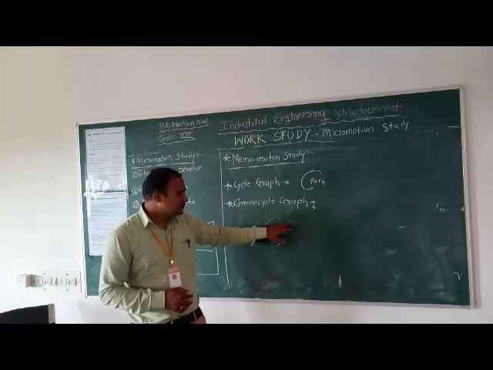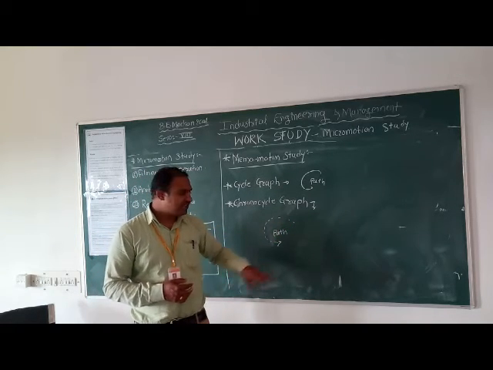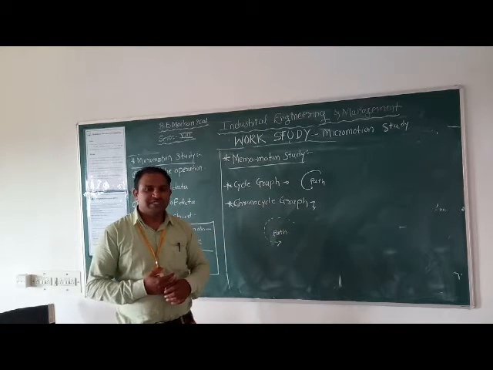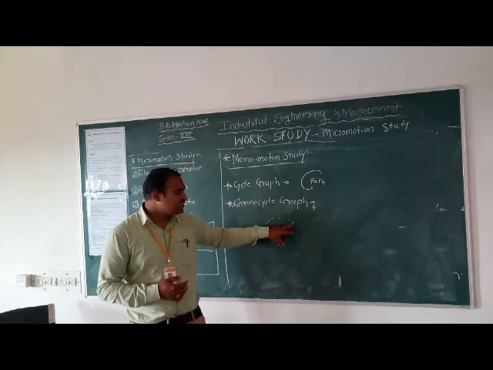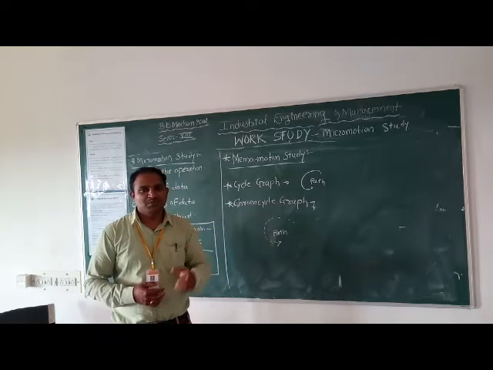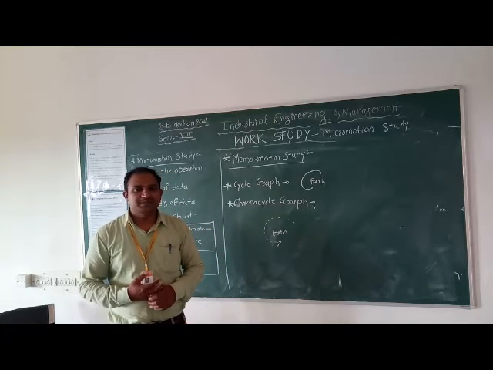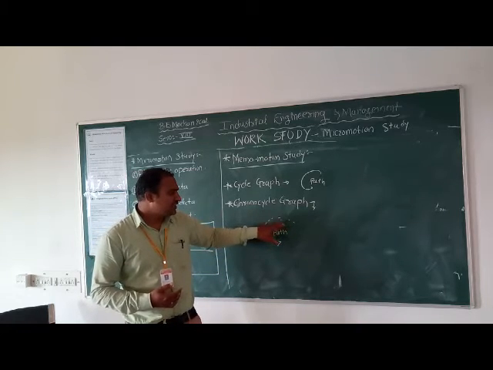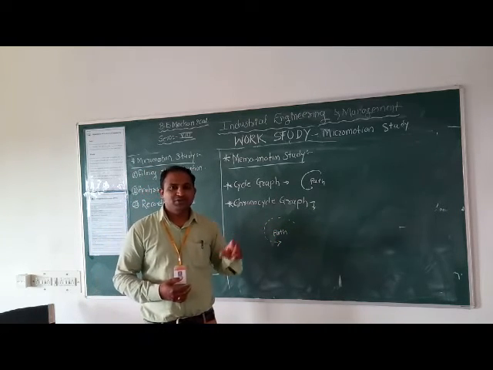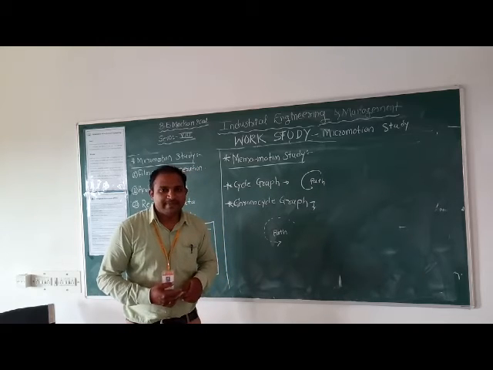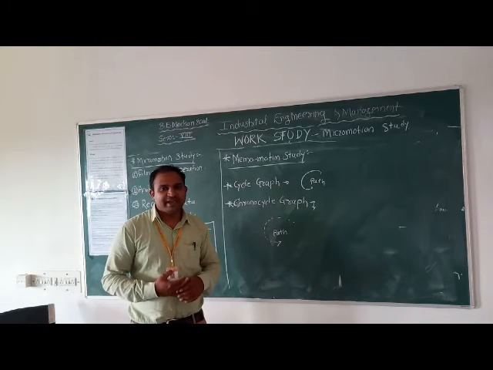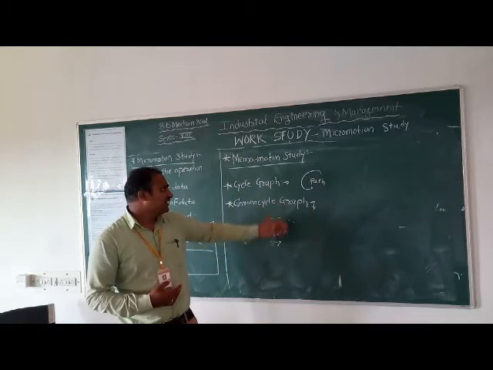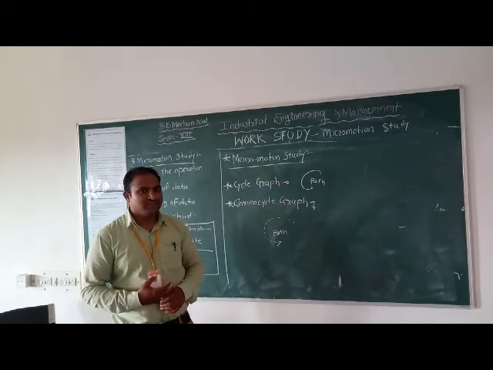If the distance between two dots, these are photographs 1, 2, 3, 4, and so on, is small, then the speed of activity is high. If between activity numbers 2 and 3 the gap between two dots is more, then it indicates that the speed of activity is lower. So these are the two techniques we use in memomotion study.